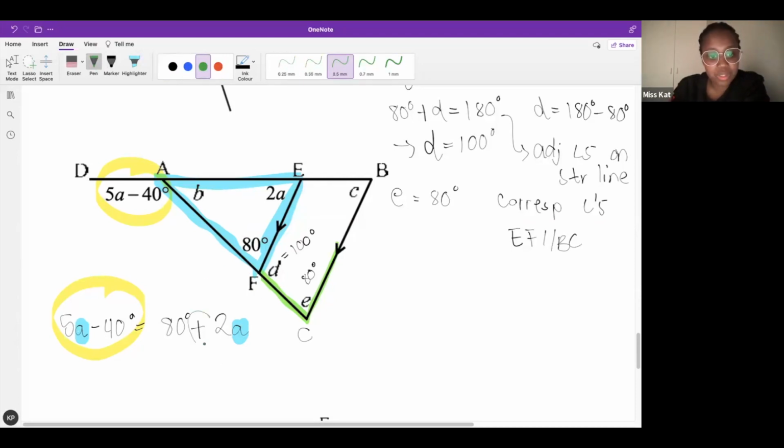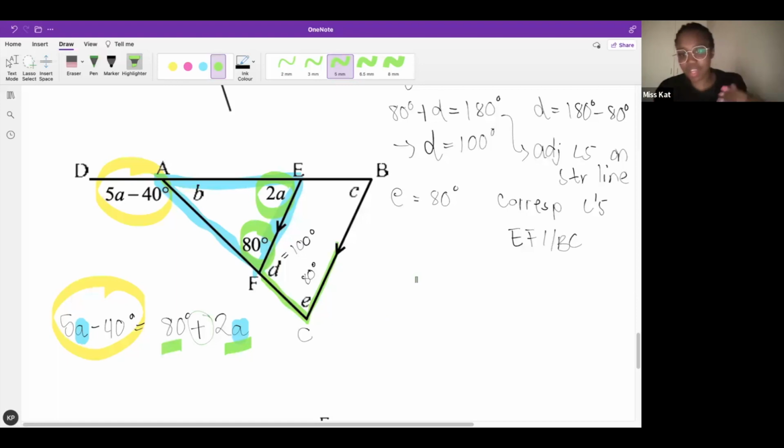Addition. Sum, plus, sum of the opposite two interior angles. The opposite means you're not next to, right? You are opposite. So which two angles are opposite the 5a minus 40 in this triangle? 80 degrees and 2a. There we go, which is why we added them. Do you see? Yes, ma'am. There we go. Did I find you now? Yes, ma'am. Thank you, ma'am.